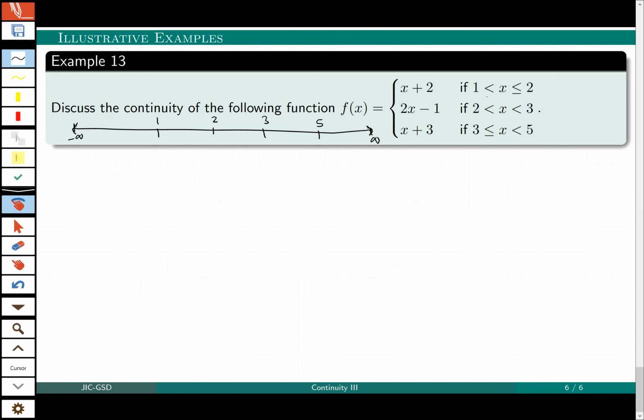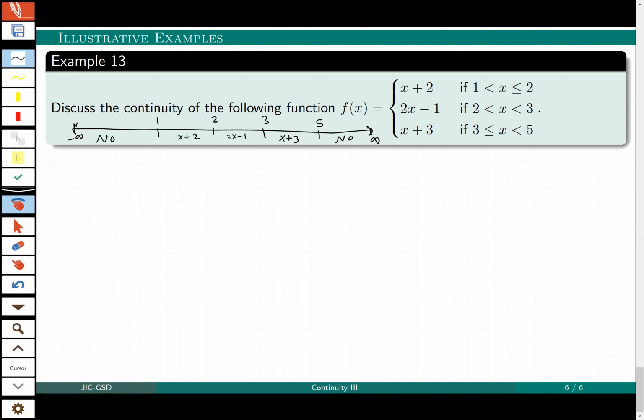Between 1 and 2, you have x plus 2. Between 2 and 3, you have 2x minus 1. Between 3 and 5, it's x plus 3. Nothing here, nothing there. We should not bother ourselves.